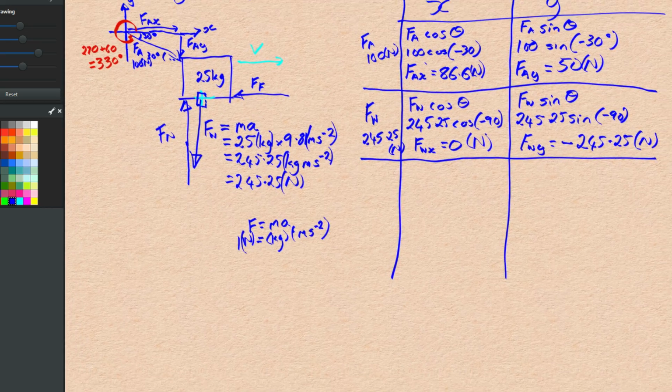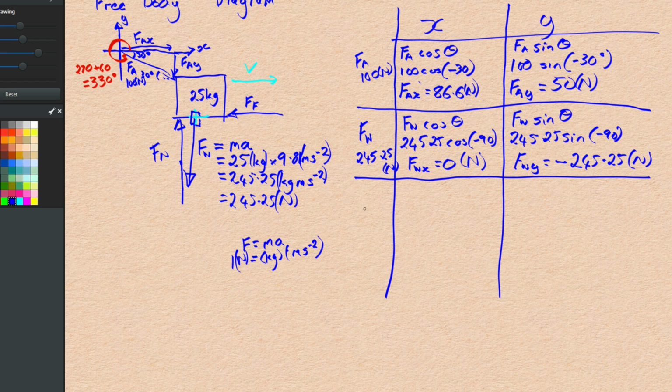Let's see how much we can fit on one page. We've got the normal force. So Fn is going to be Fn cos theta and Fn sine theta. Okay, same pattern as always, except now I don't know how big Fn is. Cos of, what's my angle here? If I draw a little set of axes at the bottom of Fn, I can see that this is positive 90 degrees.